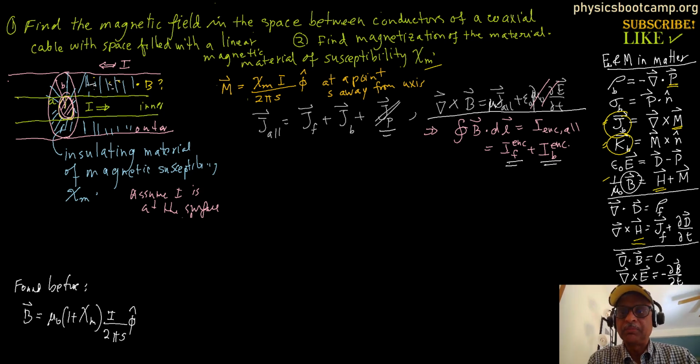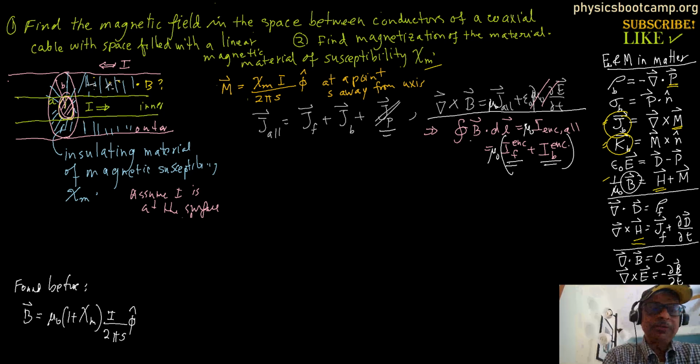Actually there's a mu naught missing, so there's a mu naught here, like that. Okay, so all I have to do is go back there and try to apply this.